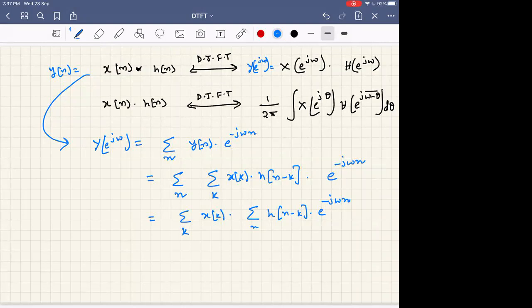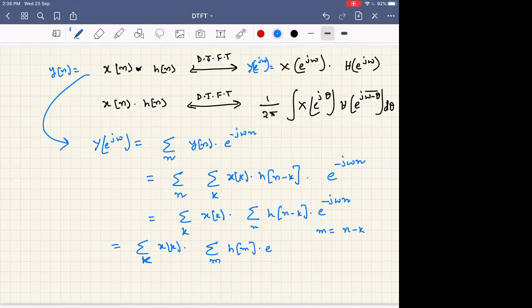Sir, this h of n minus k into e power minus j omega n can be written as the transform of h of n, h of omega. Yes. So then here we have summation over k of x of k, into this, now for n we can write m, h of m into e power minus j omega.